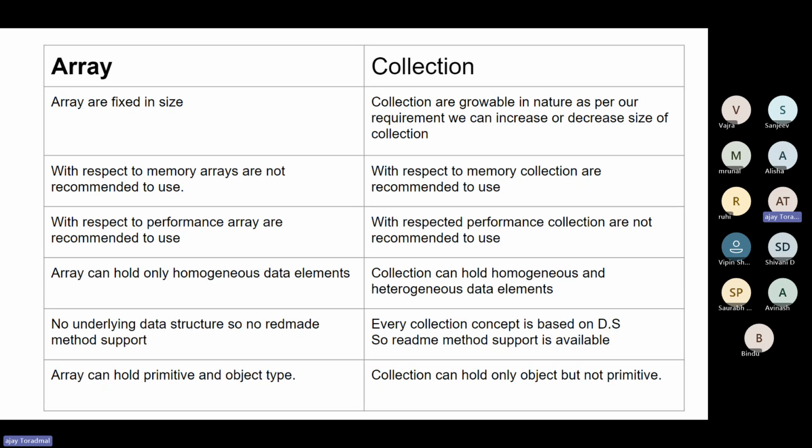But here we are comparing the performance between two entities. If on a micro level we want to compare the performance between these two, you can consider these two parameters: for one, the shift operation is required, and for the other, it is not.